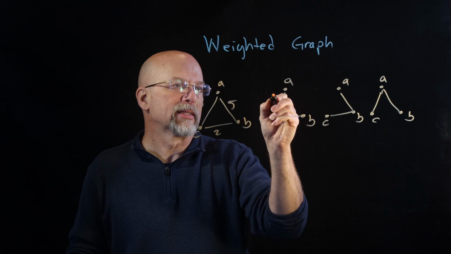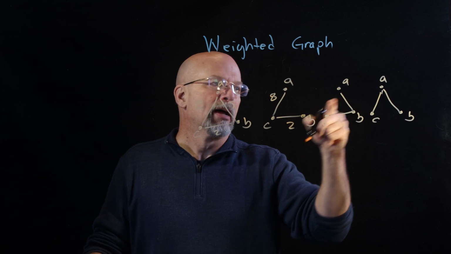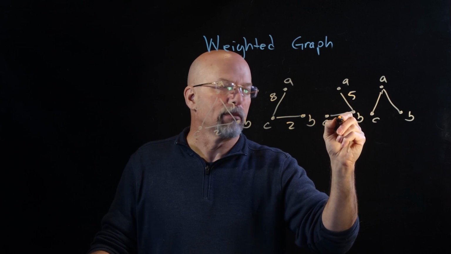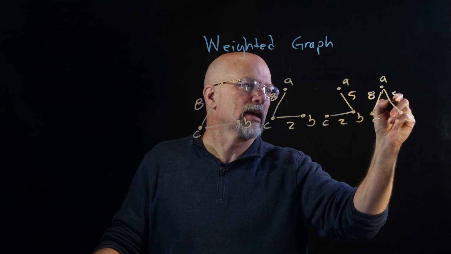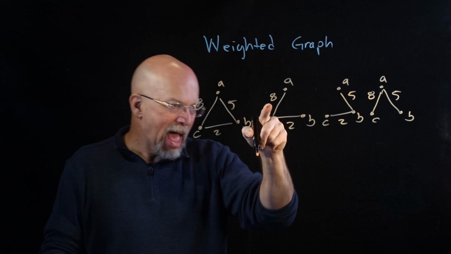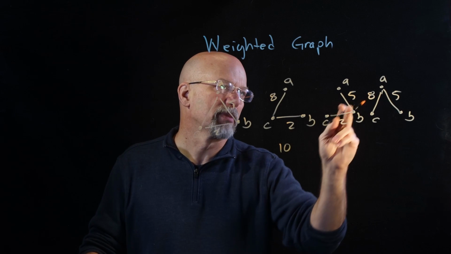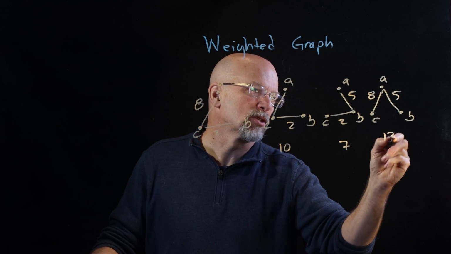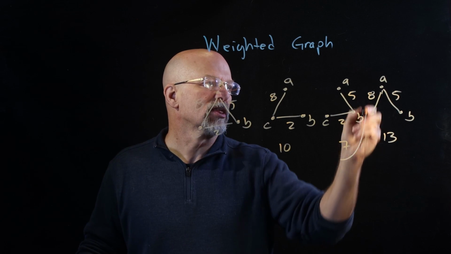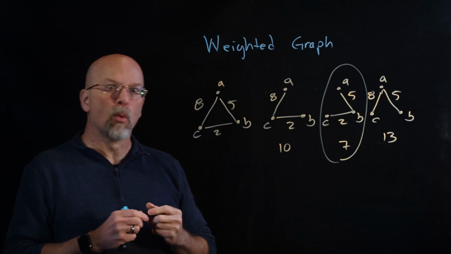So I've got 8 from A to C, 2 from C to B. I've got 5 from A to B, and then 2 from C to B, and then I've got 8 and 5. So I can add together the weights to come up with a total weight. So this guy would be 10. This one's 5 plus 2, that's 7. This one's 8 plus 5, that's 13. It looks like this tree right there has the minimum weight.